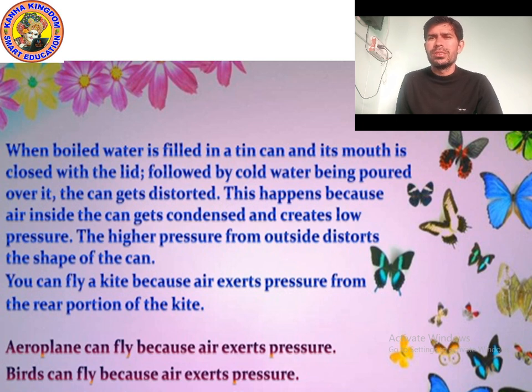This happens because high speed wind creates a low pressure area. Due to this, the roof is sucked up and finally gets blown away. Thus, an increase in wind speed is associated with a decrease in air pressure.